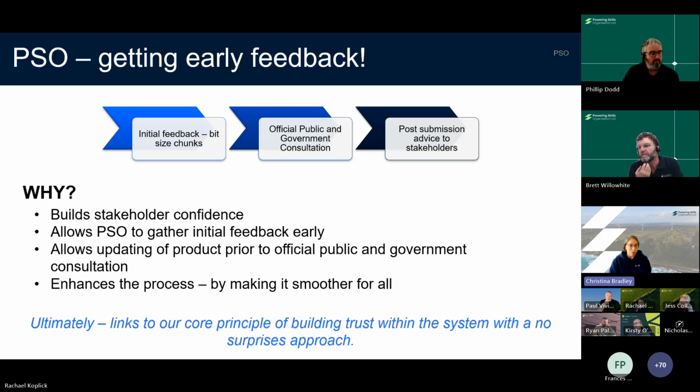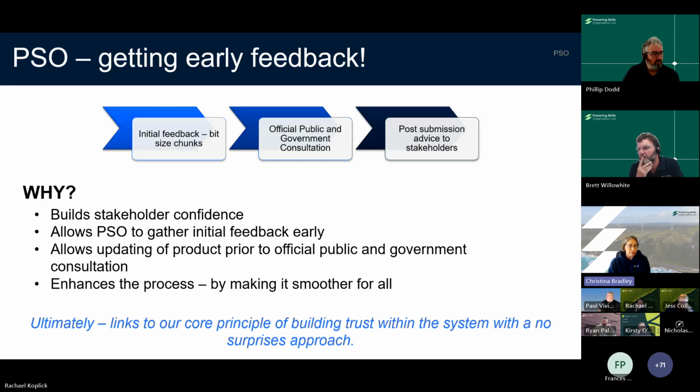It's about building confidence in you, for us, that you know that we are doing the right thing by you as our stakeholders and the end users of the product. It's allowing us to gather initial feedback early, and it allows us to then implement that feedback into the development while we still have the tech committee available and the SME groups running.